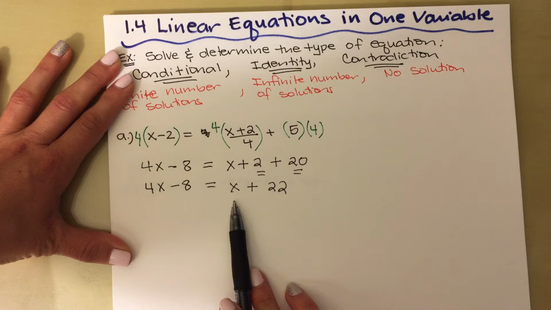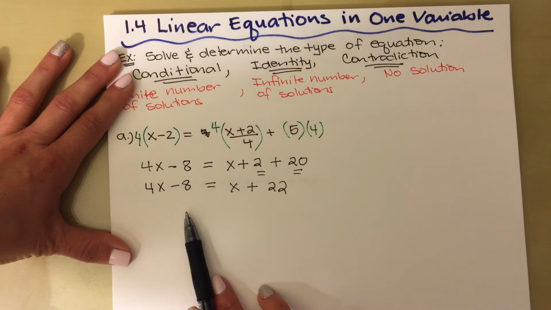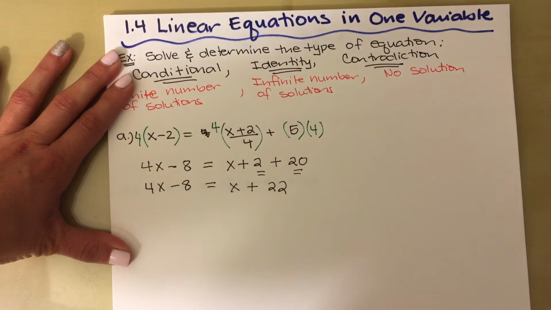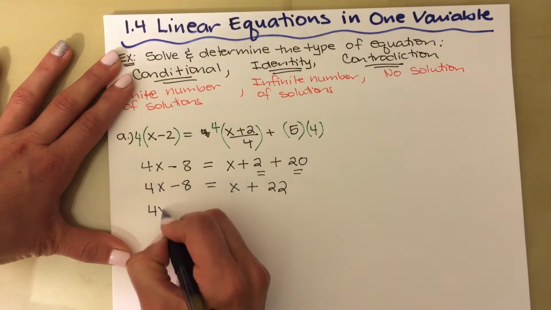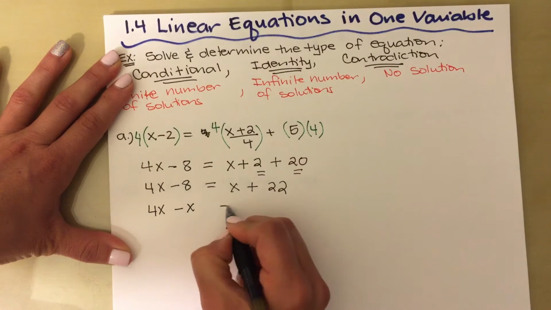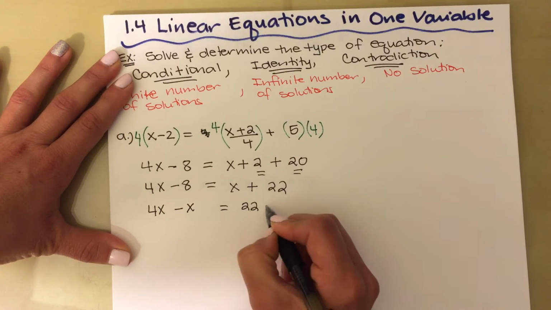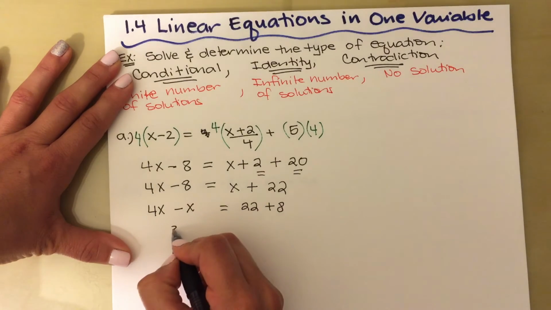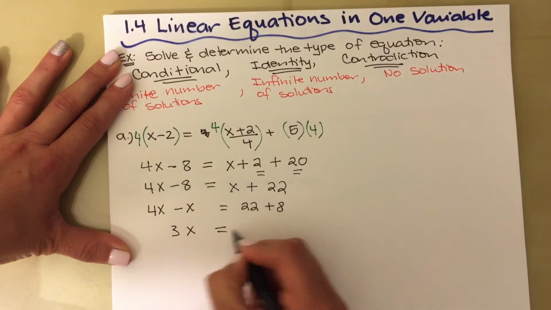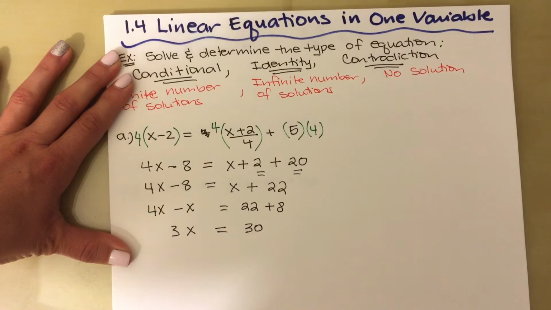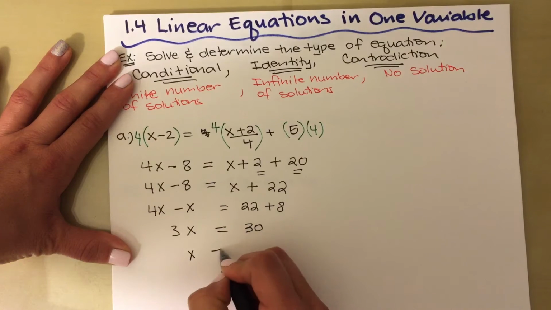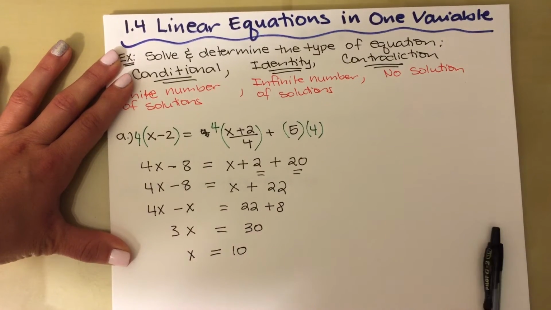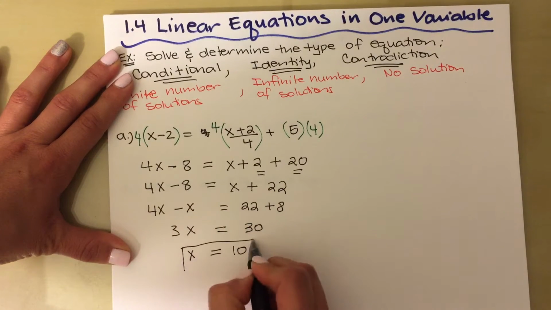I will subtract x from both sides, add 8 to both sides at the same time. Combine. Divide both sides by 3. And we have our solution.